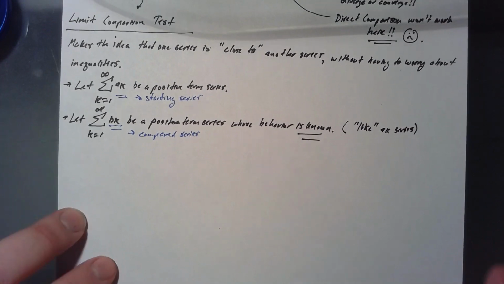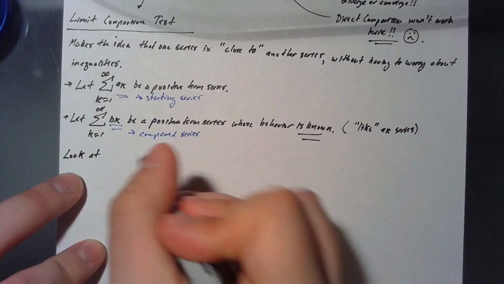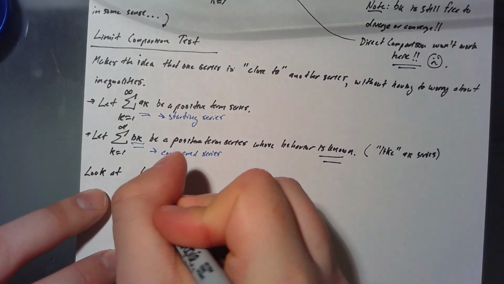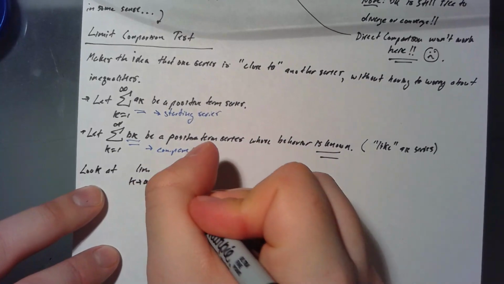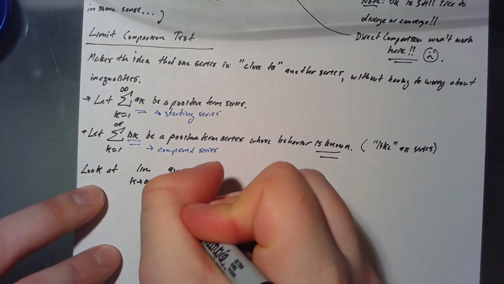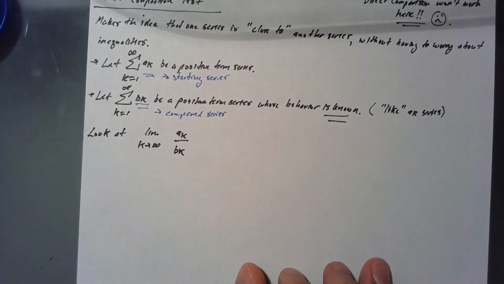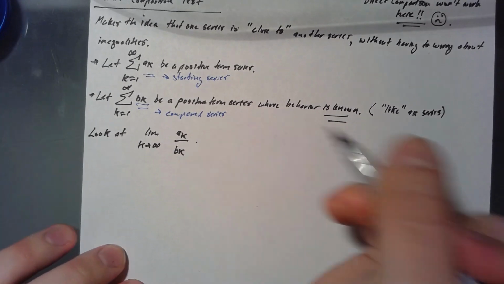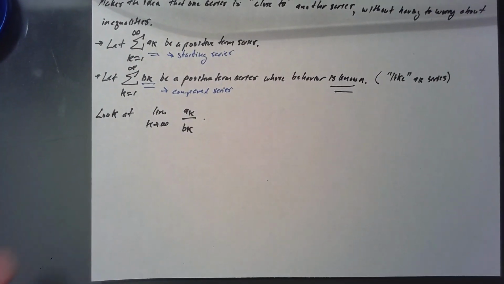Now, it's called the limit comparison test for a reason, right? So I'm going to look at the limit as k approaches infinity of the ratio a of k over b of k. I can make the following conclusions. This seems like a lot of information, but it's really not.